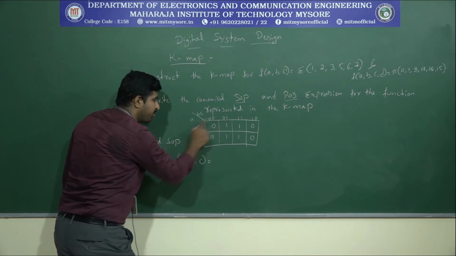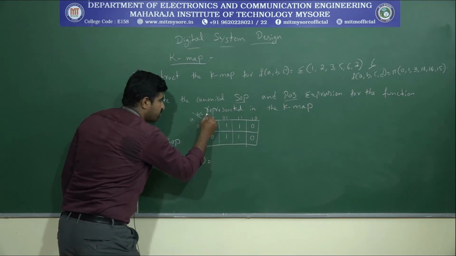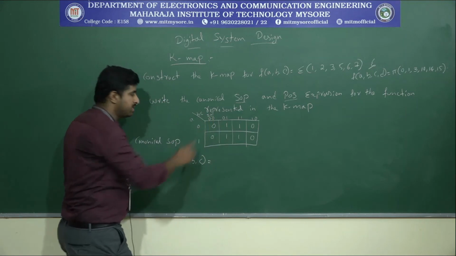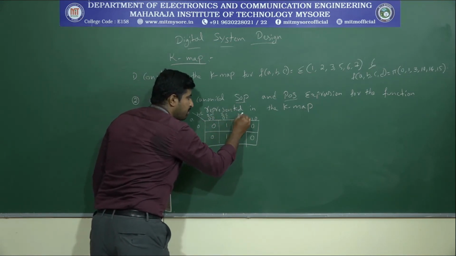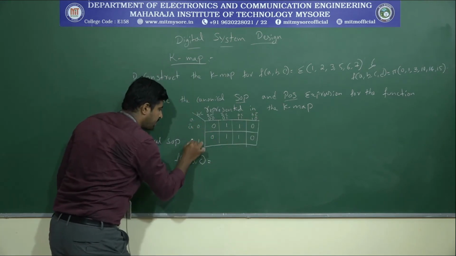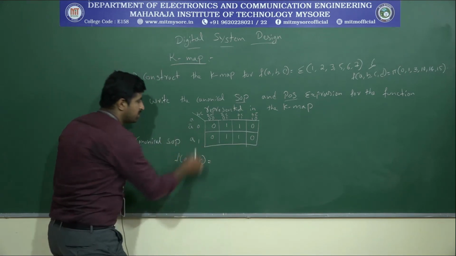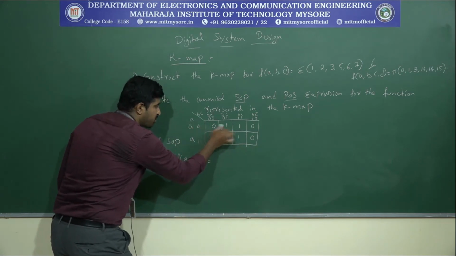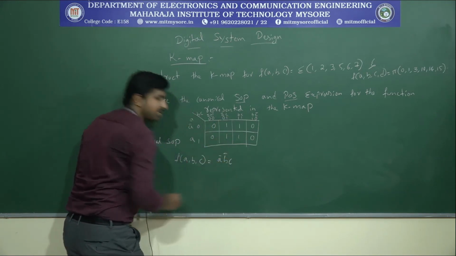Just for understanding purposes, I will write here: B bar C bar, B bar C, B C, B C bar, so this is A bar and this is A. So this corresponds to A bar, B bar, C.